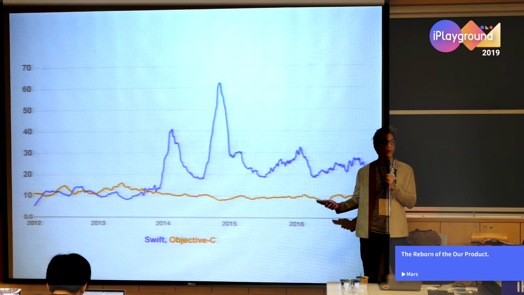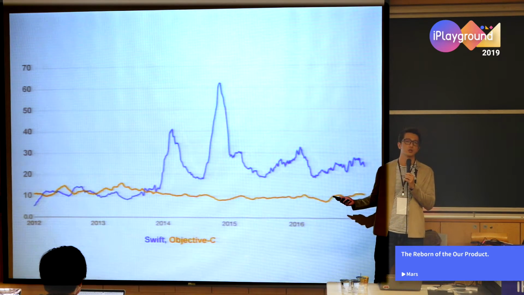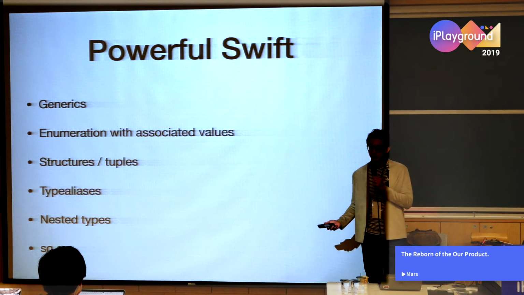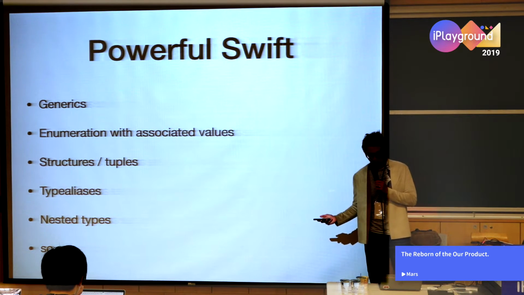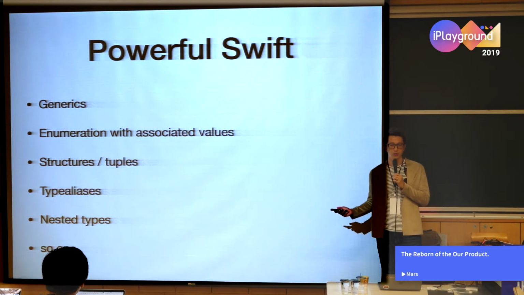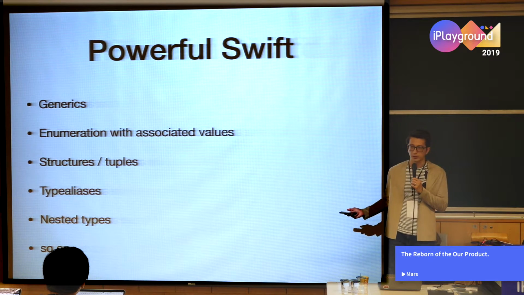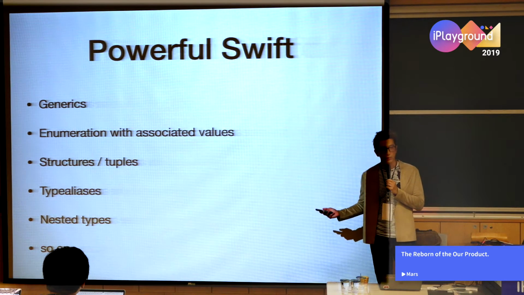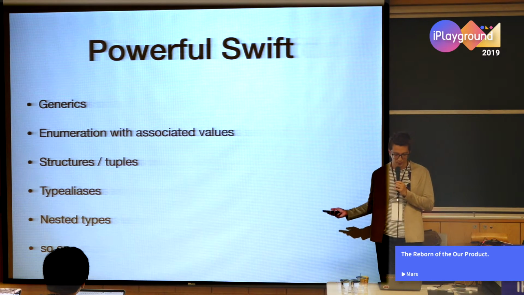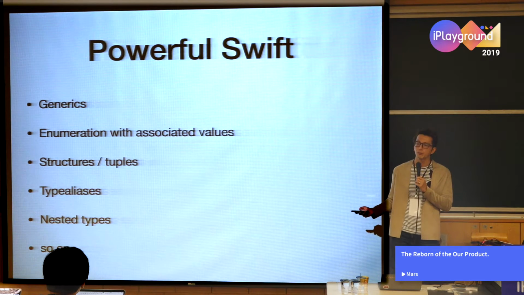And there are more jobs for Swift developers as well. This is because there are so many powerful features in Swift. For example, generics and enumeration with associated value, structure and tuples, and so on.